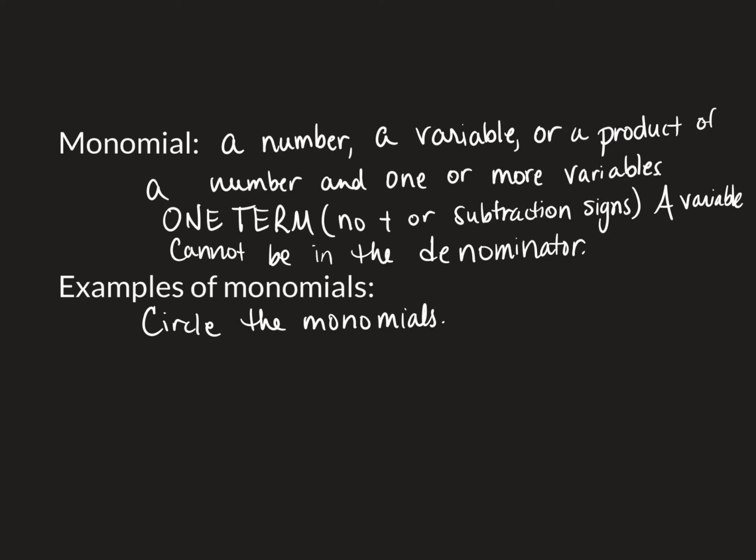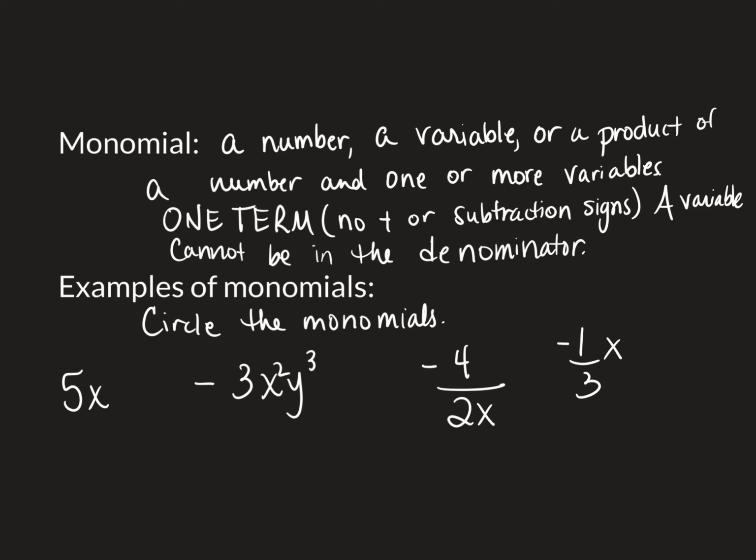Here's our list. 5x, negative 3x squared y cubed, negative 4 over 2x, negative 1/3 x, 18x squared y cubed z squared.